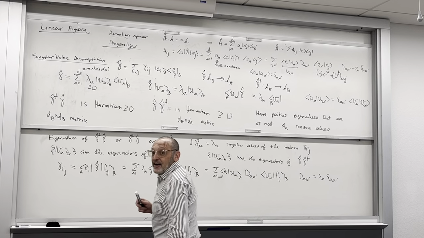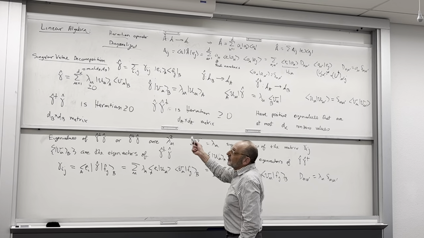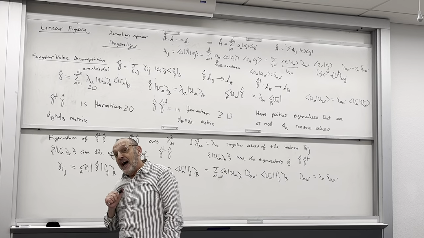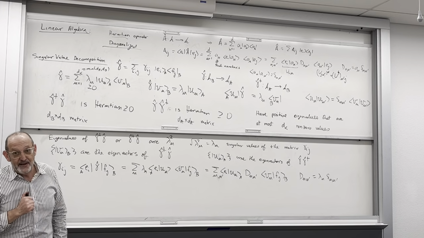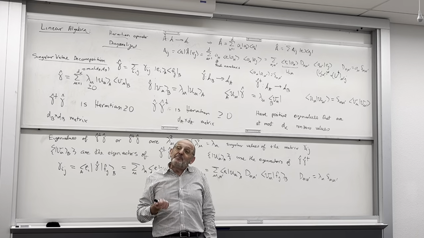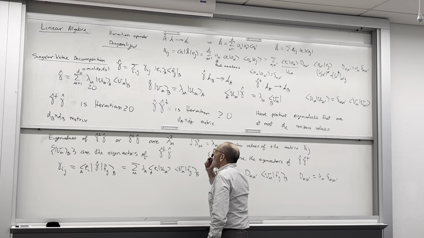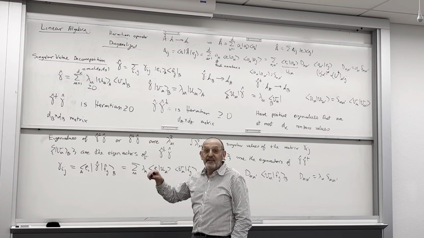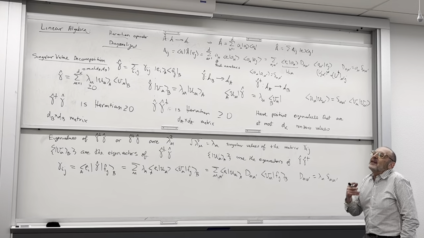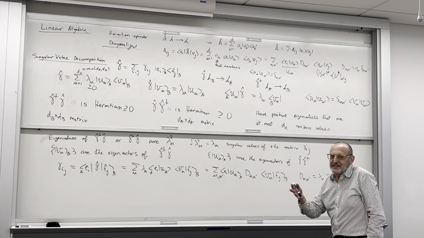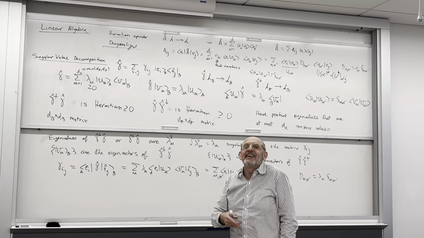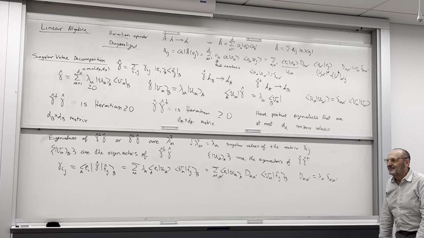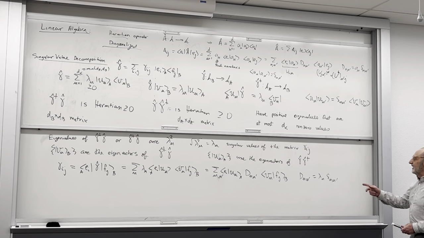And so the singular values of a Hermitian matrix are the absolute values of the eigenvalues, okay? Which means that whether it's positive or negative is buried in a particular phase convention that you have to put in for the singular values. Now you would never write the singular value decomposition of a Hermitian matrix. You would just diagonalize it and keep the phase, otherwise it gets too complicated.